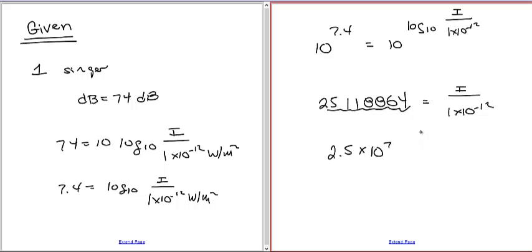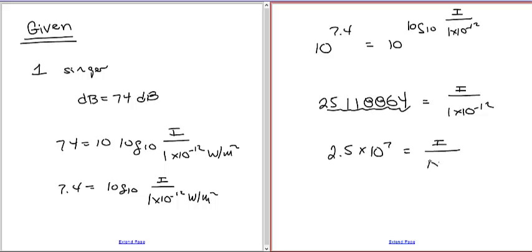You can check that by typing 2.5 e to the 7th power and you'd get the same number of digits. Okay, so that's the correct answer. I've rounded it off here.